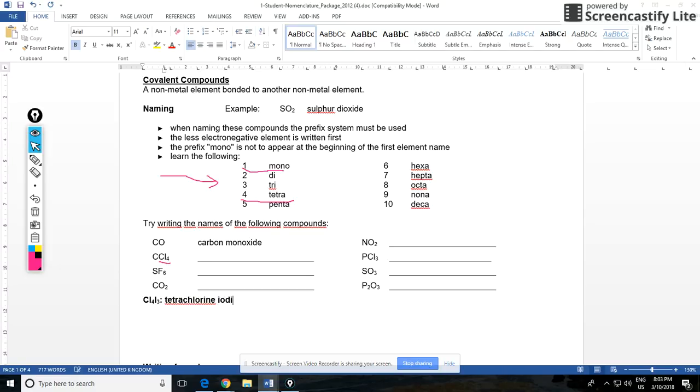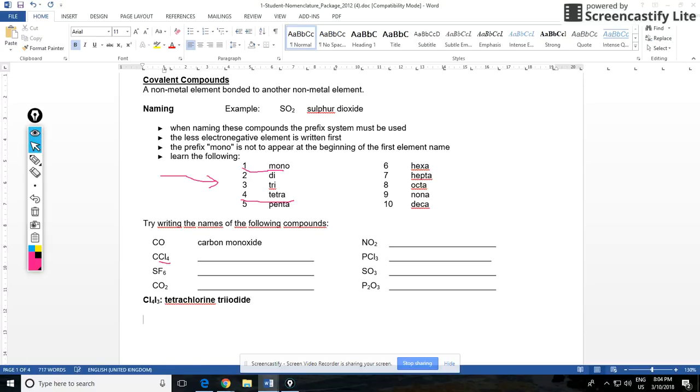And I have iodine, but I changed the ending to IDE. And I have 3 of those, so I'm going to have tetrachlorine triiodide. So when the vowels follow each other, and you have a vowel as a prefix, that's I, you're not going to drop that I.